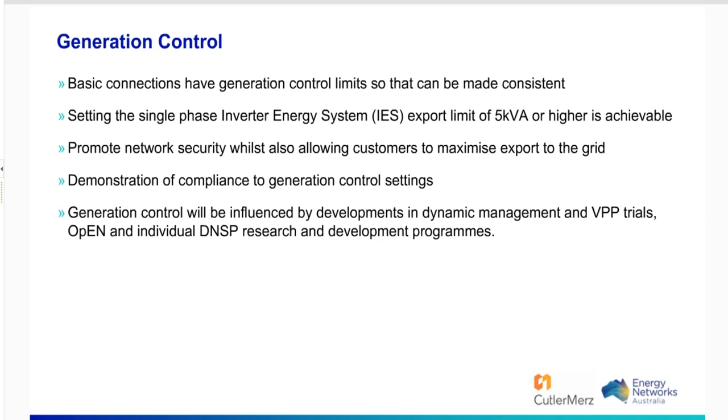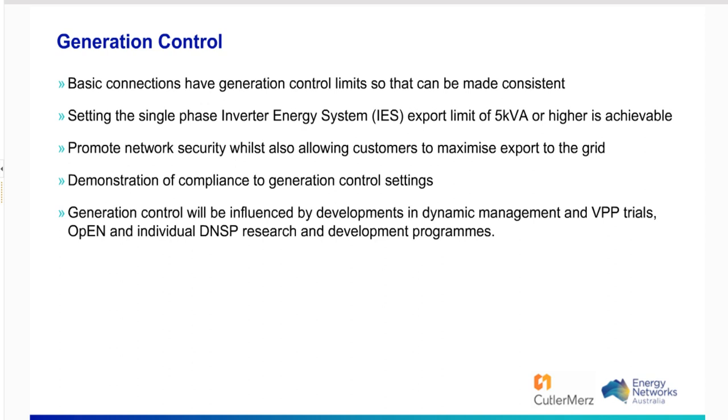But while we're waiting for the trials to end, there is a sense of ensuring at the moment that there is a limit and there are boundaries that are captured through generation control and export limits so that we can continue to balance and maybe for the moment prioritize elements around network risk that are quite prevalent, until all the tests and trials through Open and other trials that are happening in South Australia, for example, demonstrate further the viability and the ability for us to apply dynamic management in a very widespread way.